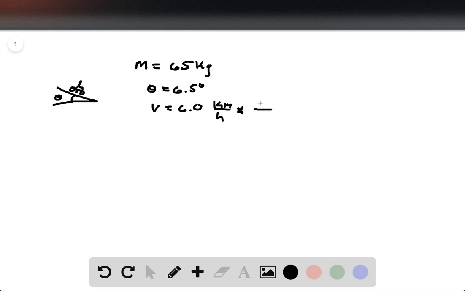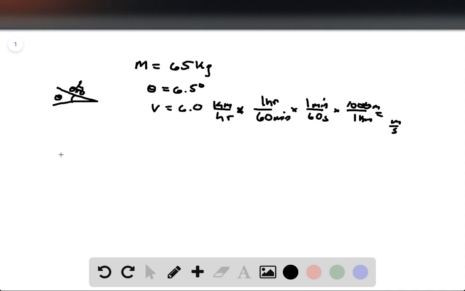In 1 hour, there's 60 minutes. In 1 minute, 60 seconds. And in 1 kilometer, 1,000 meters. So you can multiply that out to get an answer in meters per second. It's just good to keep in mind before you plug the number into a final equation.